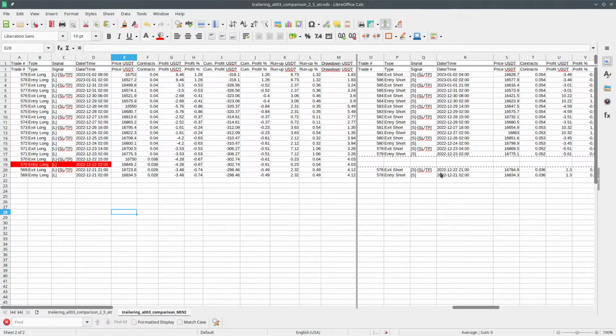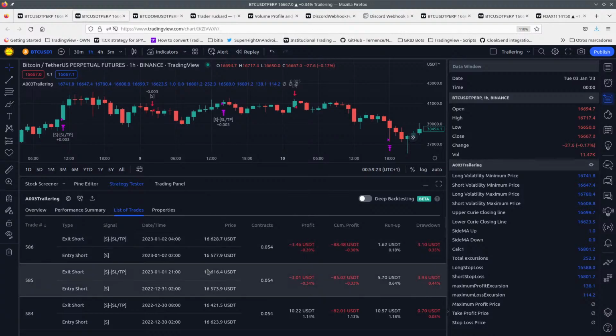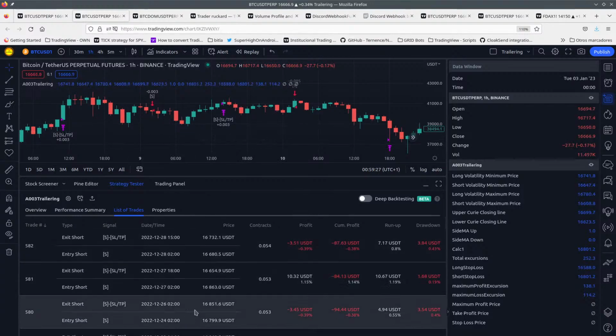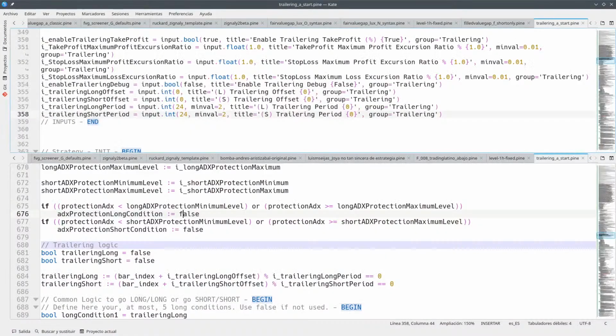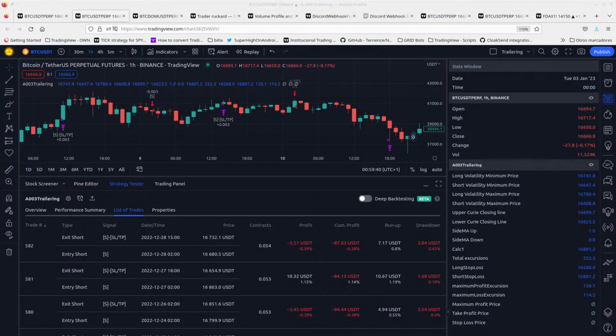They both end at the same time, so this might be the risk management, but let's try and check if I am right or not. So this is short only because we only see short entries, and so what we want to check is where the hell is this?